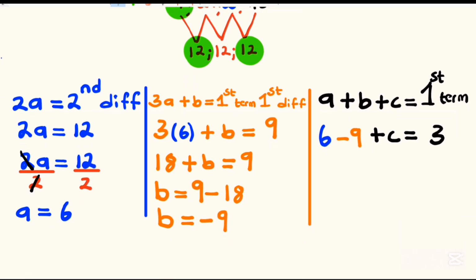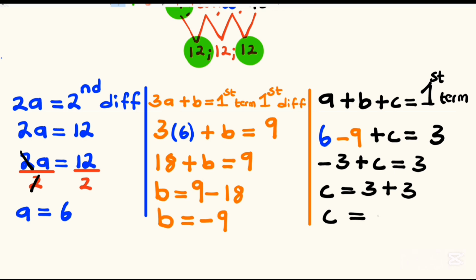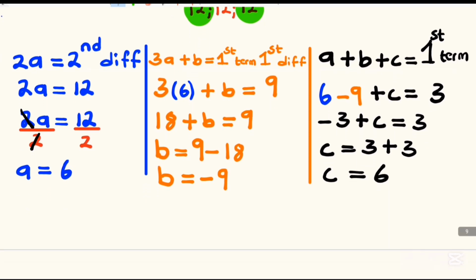So 6 minus 9 is equal to negative 3, plus c is equal to 3. So our c will be equal to 3 plus 3. So c is equal to 6.